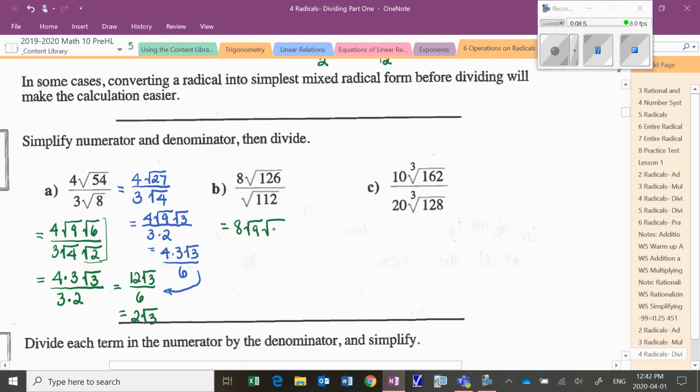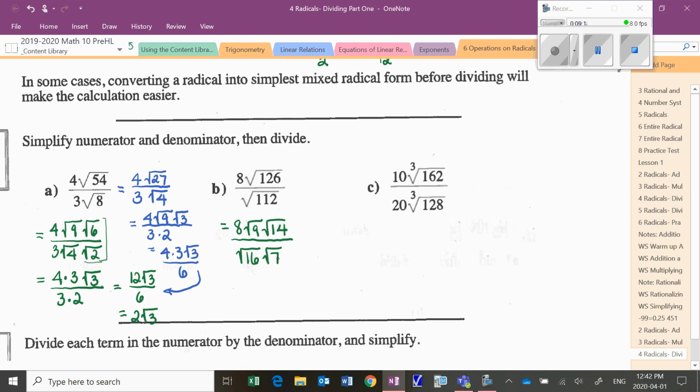So 9 times 14 is 126. So then in the denominator, then root 112. If we take 16 goes into that, so root 16 times root 7.